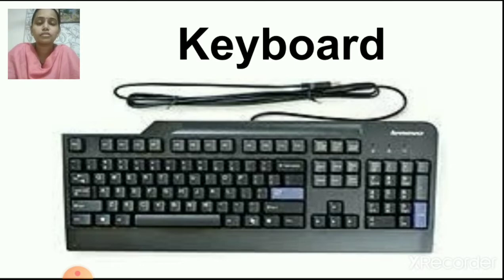Then we have seen special character keys also. I showed you some special character keys in the part 2 of this lesson. Special character keys, comma, full stop, question mark. These keys we have seen, right? Children, then next key we have seen, that is space bar key. Space bar key is used to give space between two words.